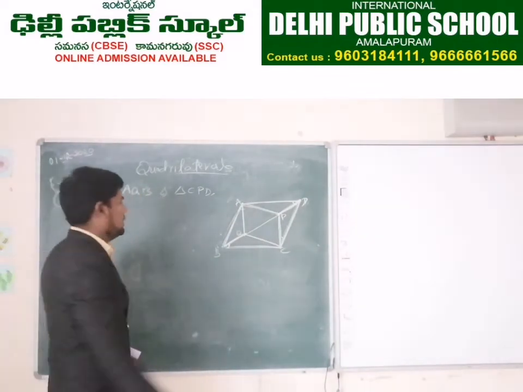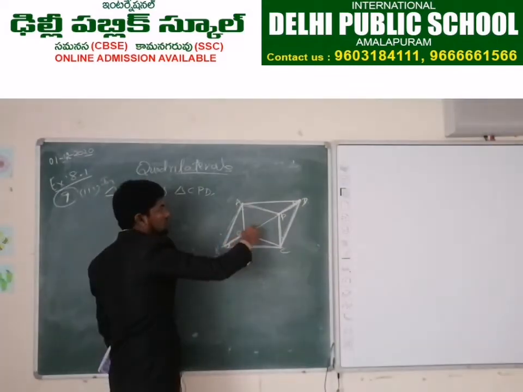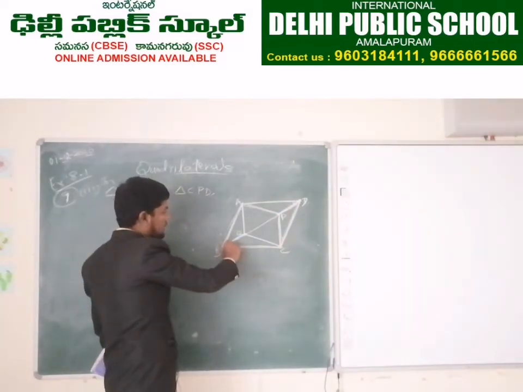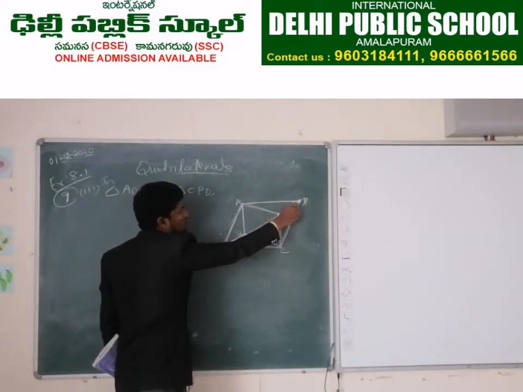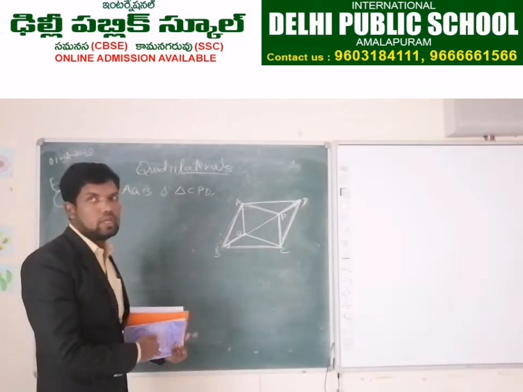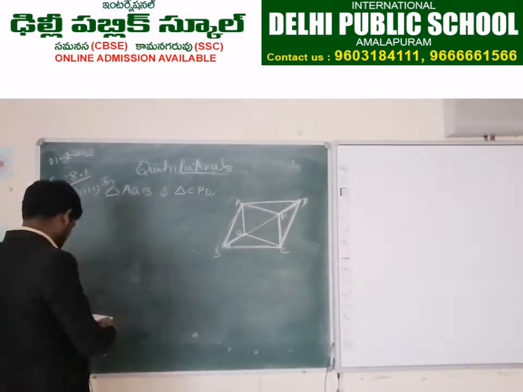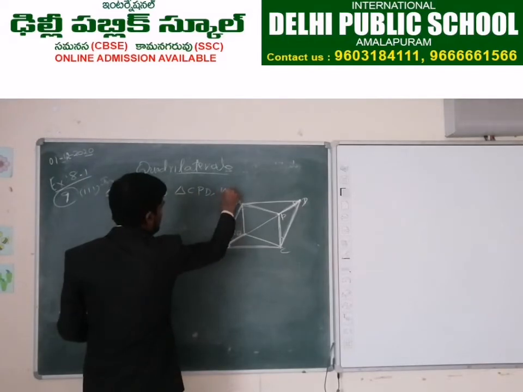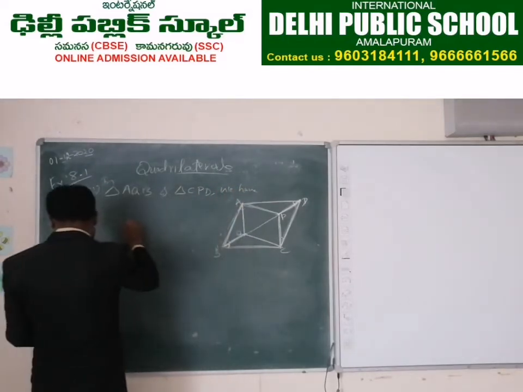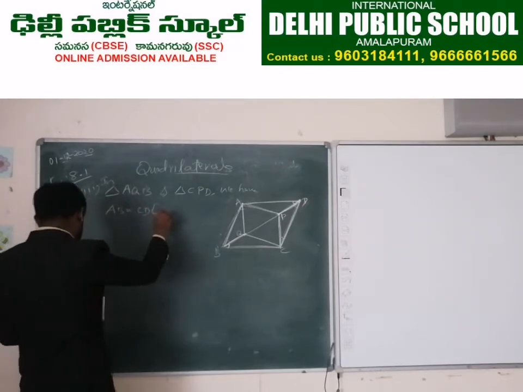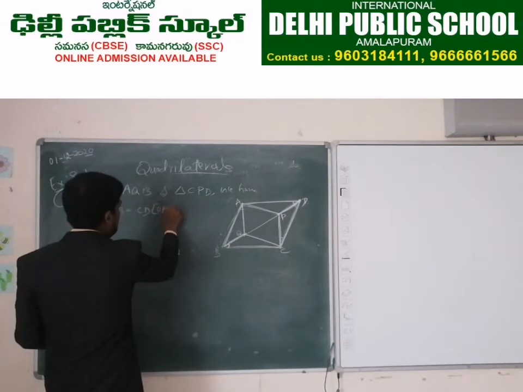How will it be? First BQ is equal to PD, and AB is equal to DC, and angle ABQ is equal to this angle. Okay, both are alternate angles. Side, angle, side rule we can write. Okay, write down. In triangle ABQ and triangle CPD, we have AB is equal to CD, opposite sides of a parallelogram.